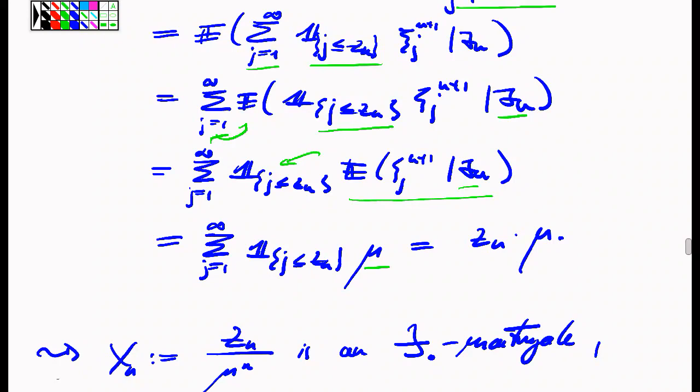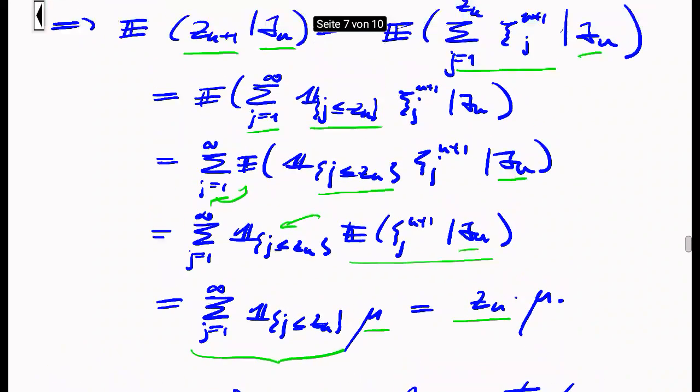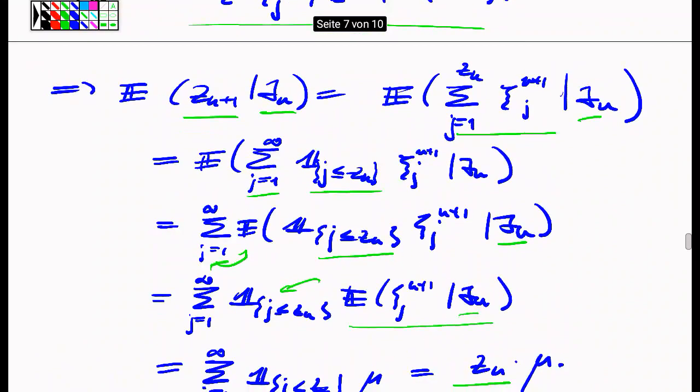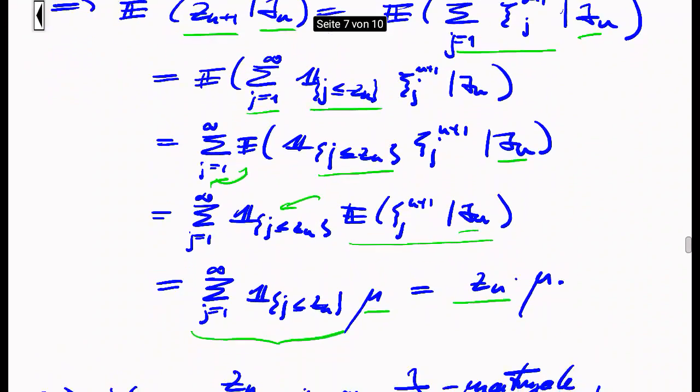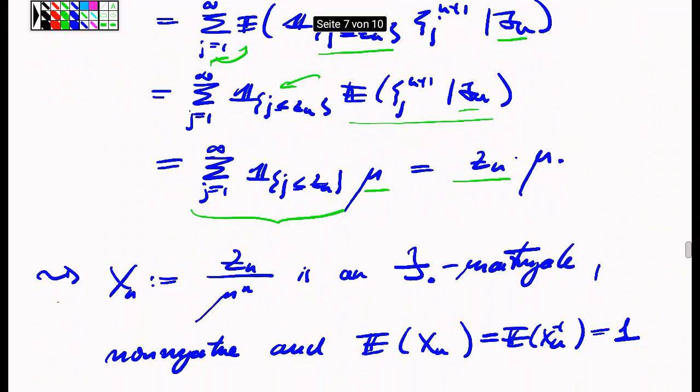And so we have this constant factor mu in this sum, which we can take in front, and the sum just counts the number of members in the generation Zn.